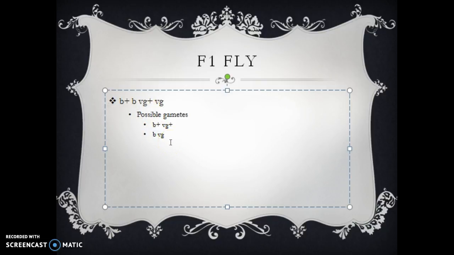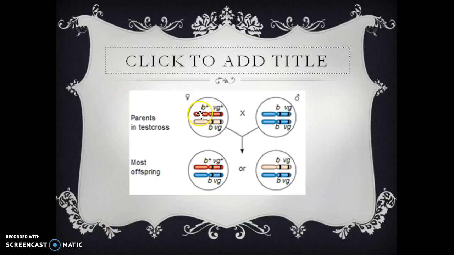And that would mean that when we're going through gamete formation, the fly can either pass on the B plus VG plus or the B VG because, going back a few slides, they are linked together. And that's what this image right here shows us.